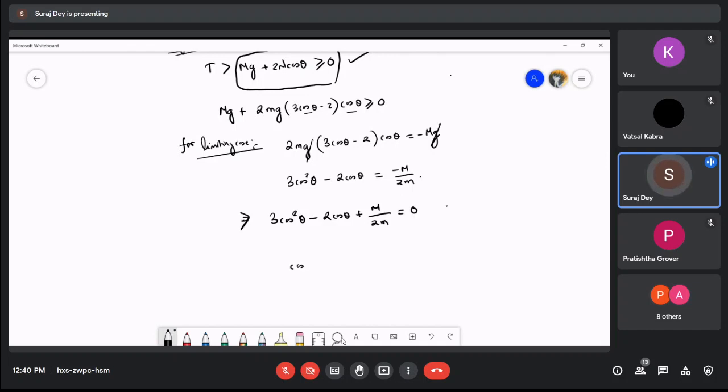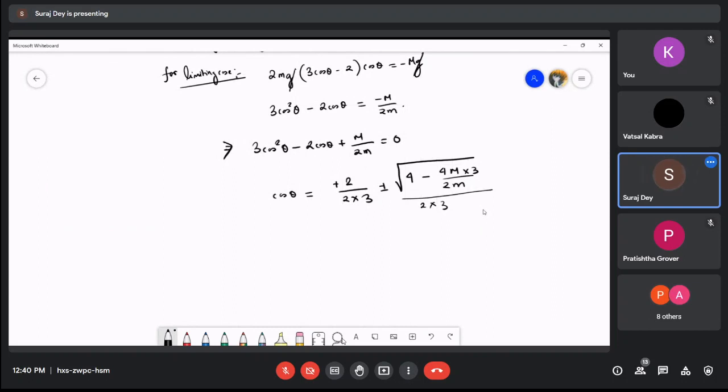So this you can solve very easily. So this will be, I think, plus 2 by 2 into 3 plus minus square root of 4 minus 4m. Right, this is just application of the quadratic formula.